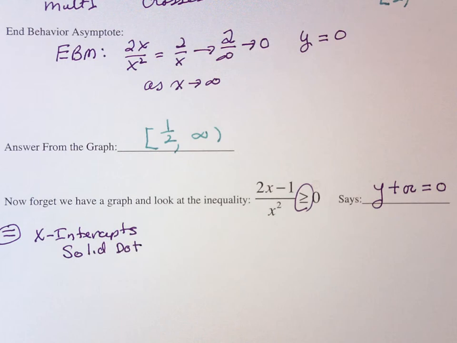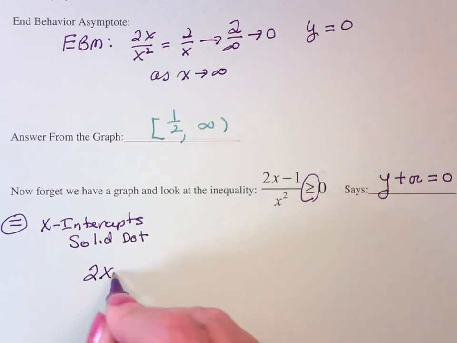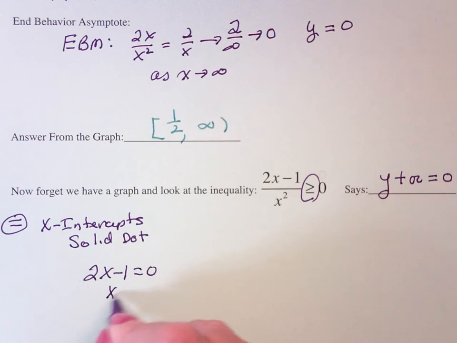The x-intercepts is where the numerator is 0. This is multiplicity 1, so the graph crosses or changes. So y will change or cross.